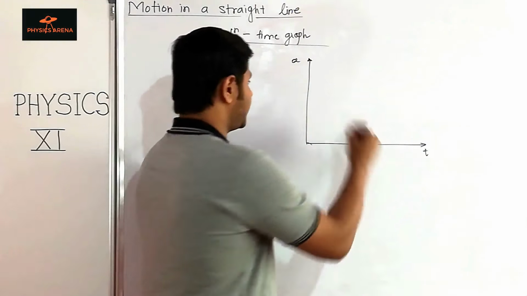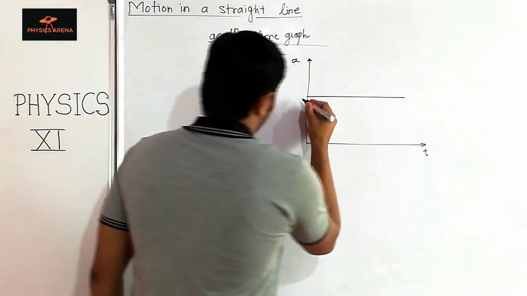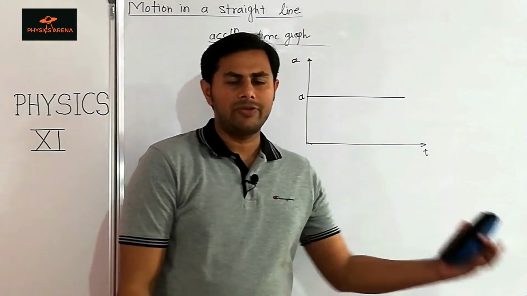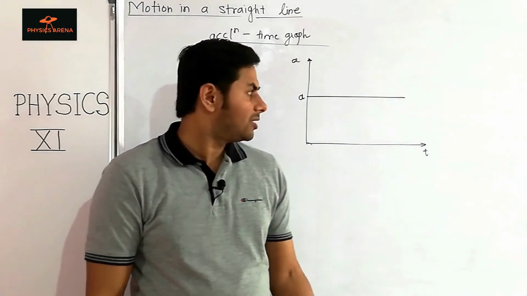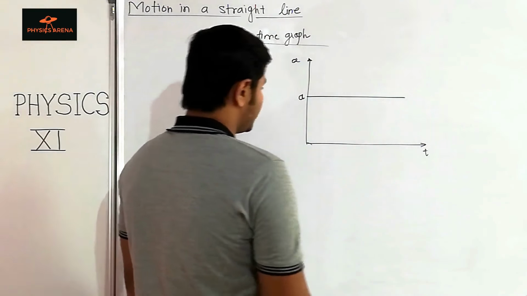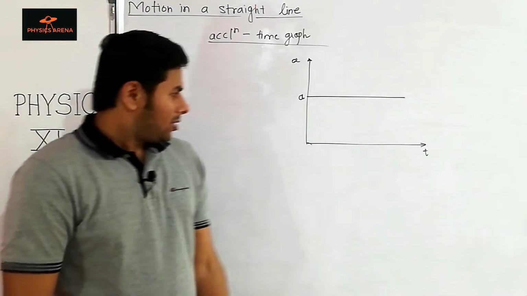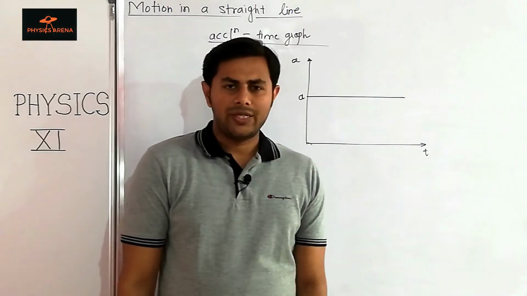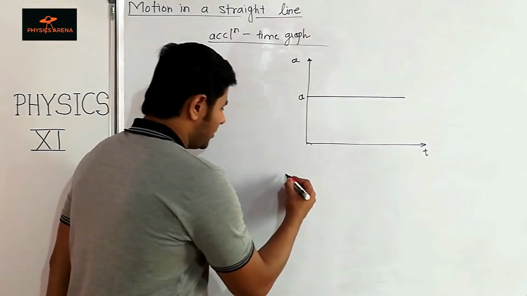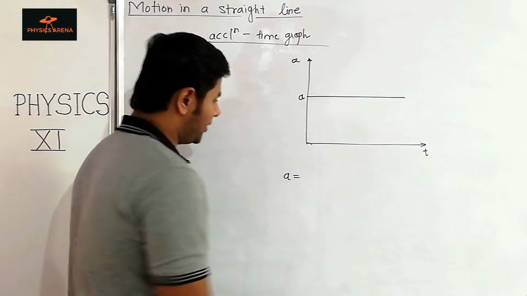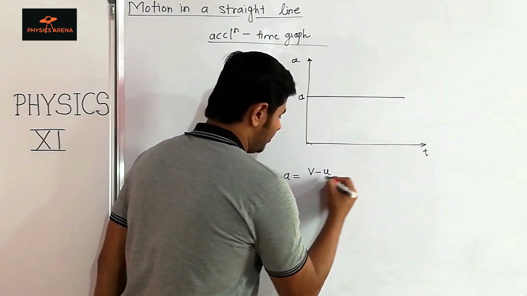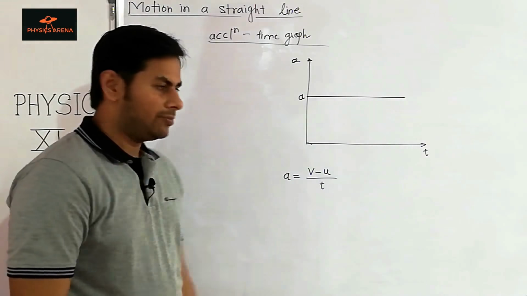So here acceleration is constant, acceleration is a, just like we did with the position versus time graphs and the velocity versus time graphs. Now what kind of information do we get from the acceleration versus time graph? We know that acceleration is given by v minus u divided by time.